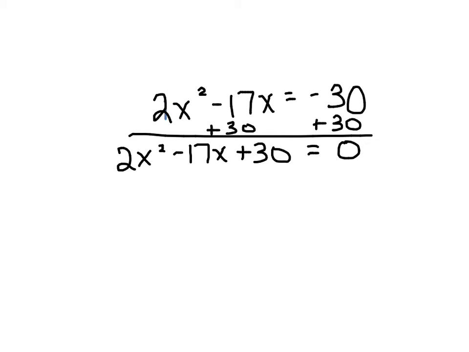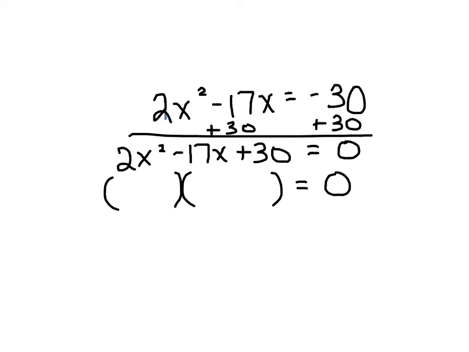Then the next thing you want to do is ask yourself, is there anything I can take out of all 3 terms to begin with? And the answer is no. Because what can I divide out of a 2, a 17, and a 30 that's the same number? Nothing. So I set up my 2 sets of parentheses.